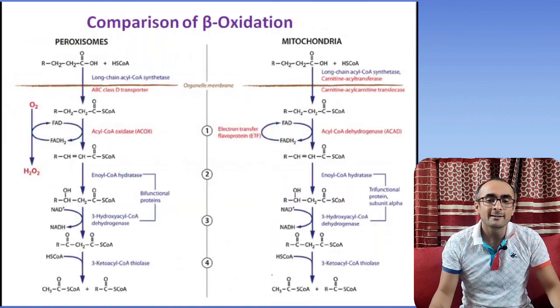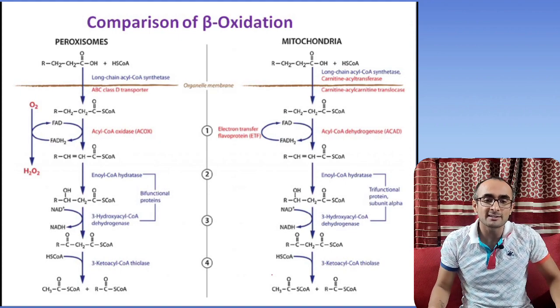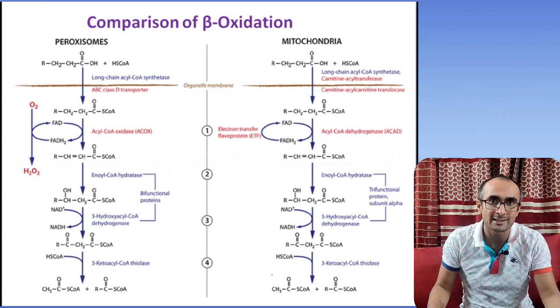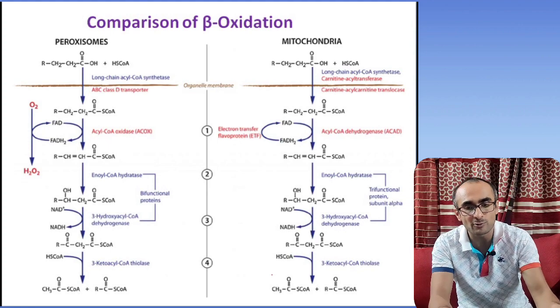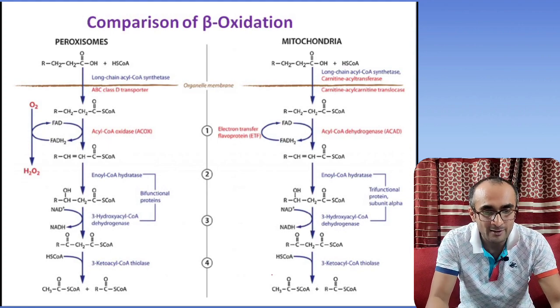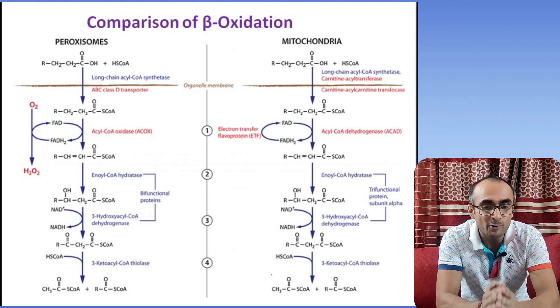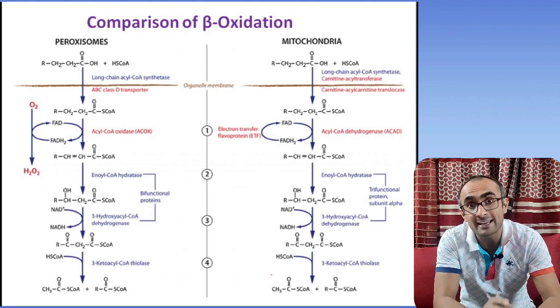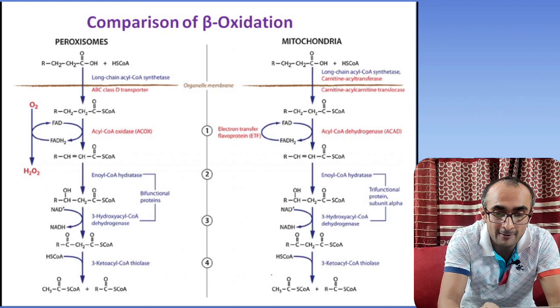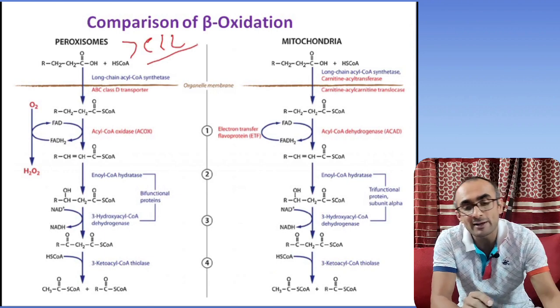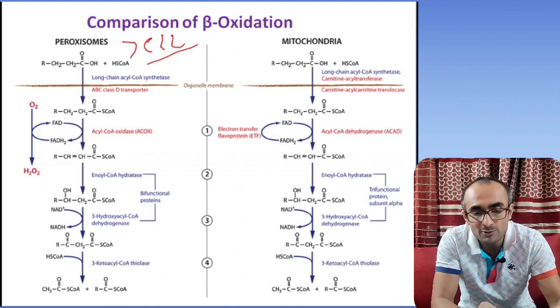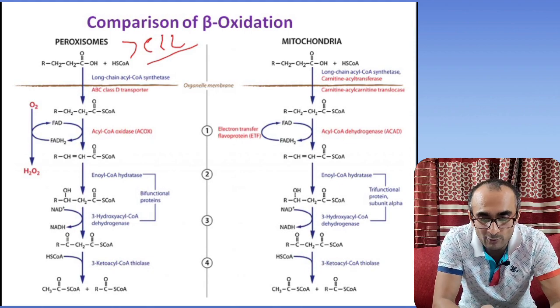And if you compare peroxisome and mitochondria, beta oxidation occurs in both. The first difference is that peroxisome oxidizes very long chain fatty acids. In fact, if the carbon number is more than 22, the fatty acid will be oxidized in peroxisome.